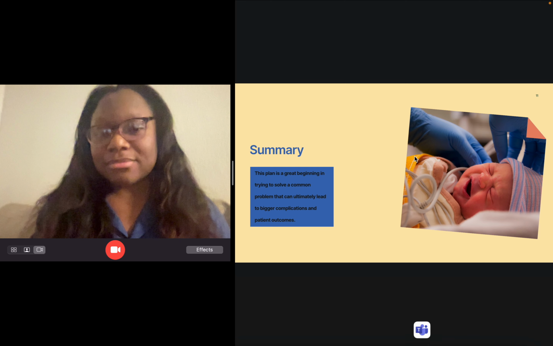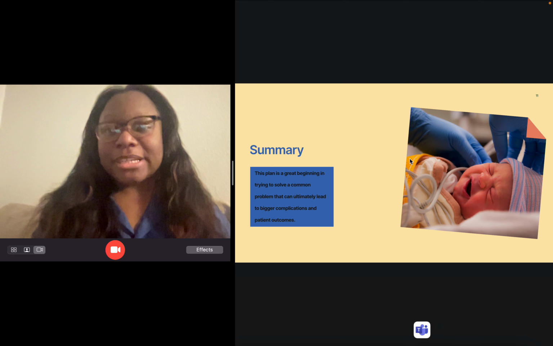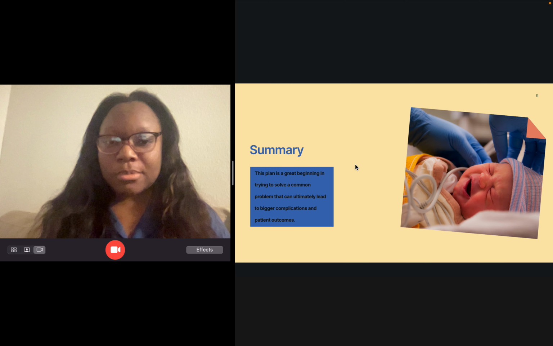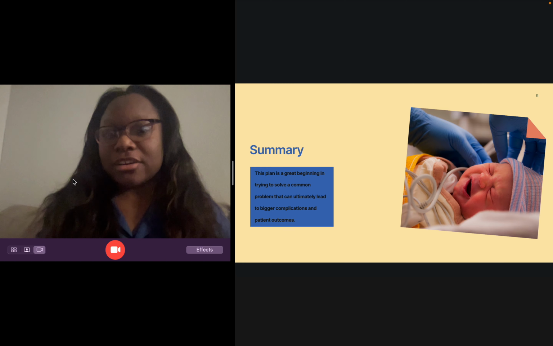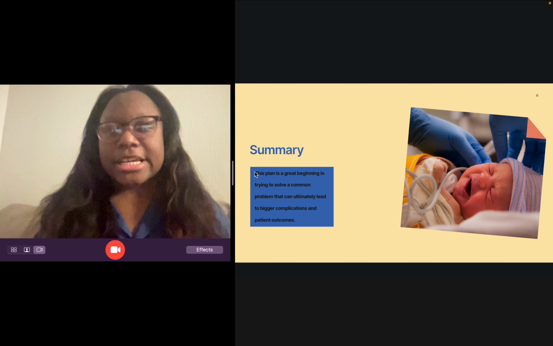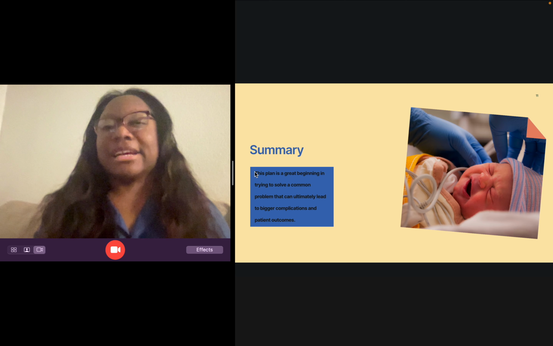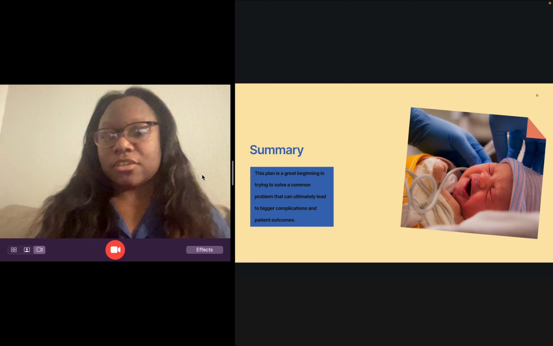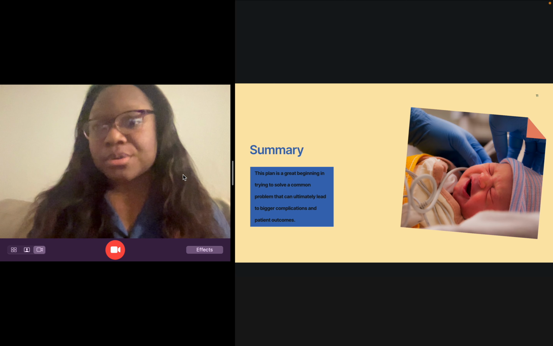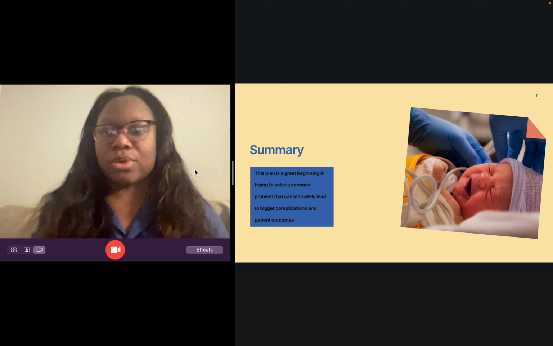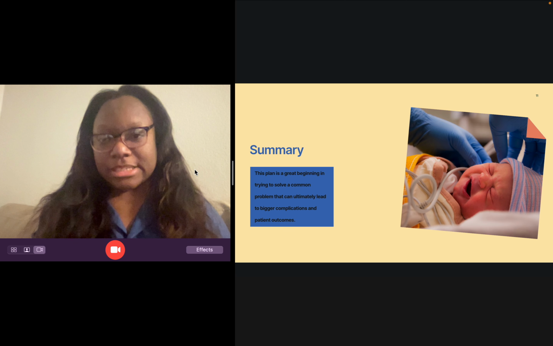So, a summary of this plan. This plan is, like I said, a great beginning into trying to solve a common problem. This can ultimately lead to bigger complications and patient outcomes. Neonatal hypoglycemia, like I said, is a very common problem that we see in those first few hours of life, which most hospital settings do have a good policy and protocol on how to handle for those at risk.